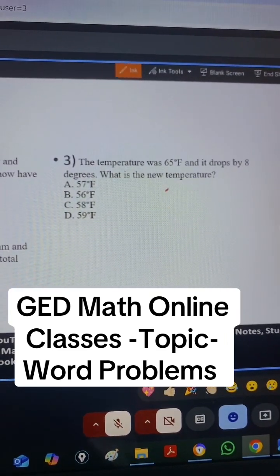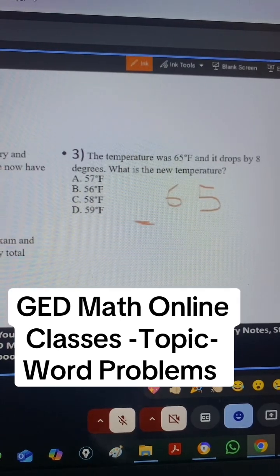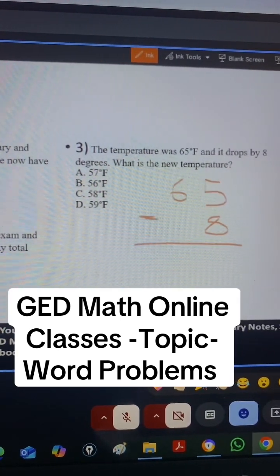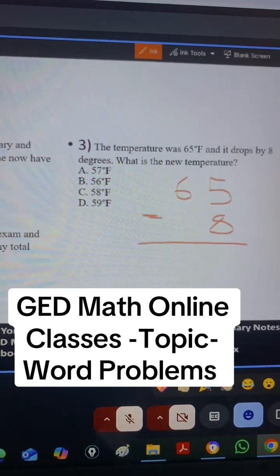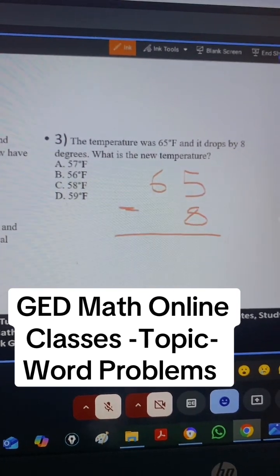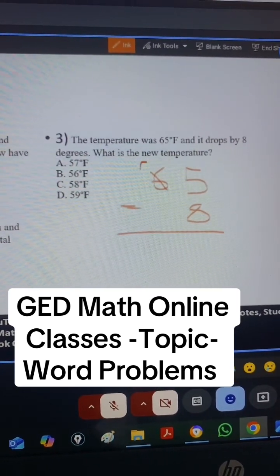So this will be 65, and then we'll remove 8. So we subtract. 5 minus 8 cannot, so we borrow 1 from 6. 6 reduces by 1 to become 5.